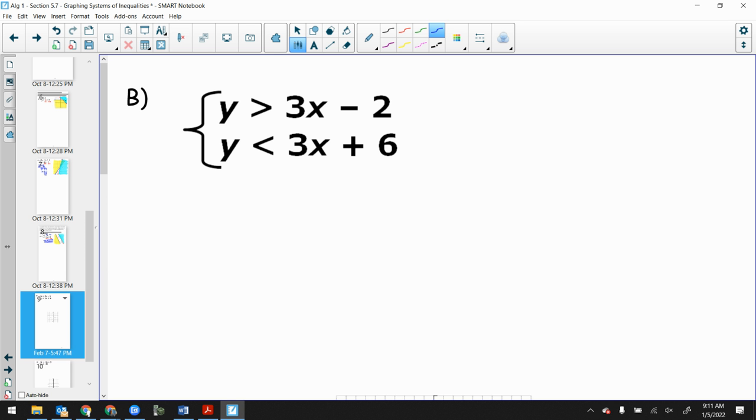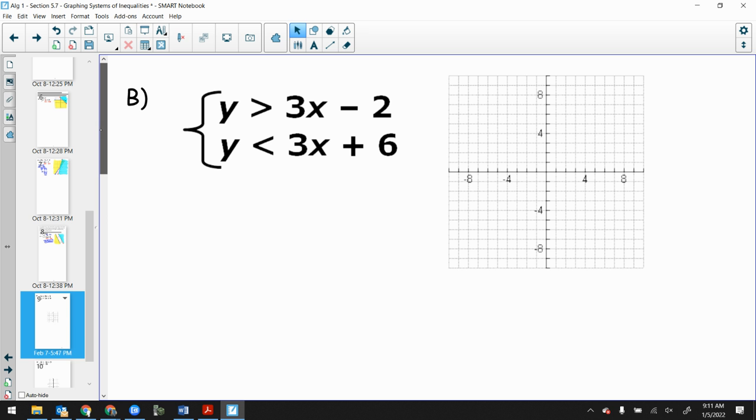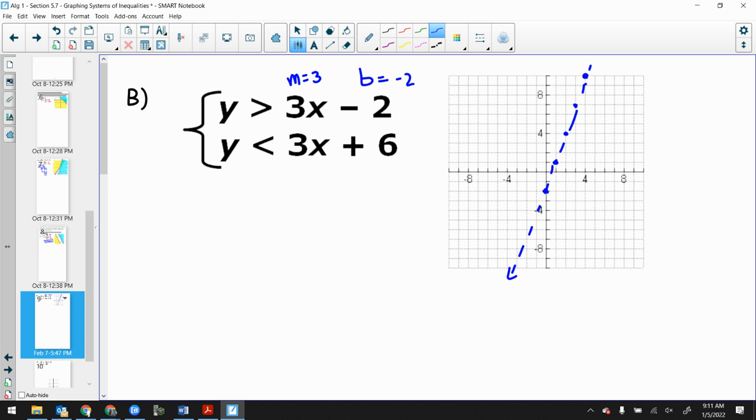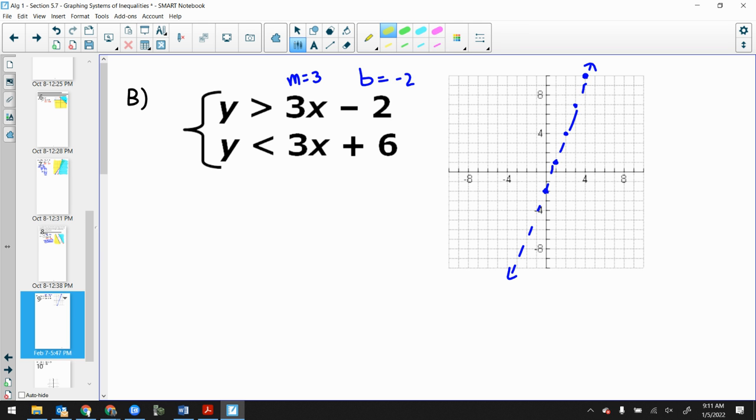Like for this example here, let me get my graph. They're already solved for y, so again, there's no additional work to do. My slope for the top line is 3. Y-intercept of -2. And that's a dotted line, and I'm going to shade that one above.